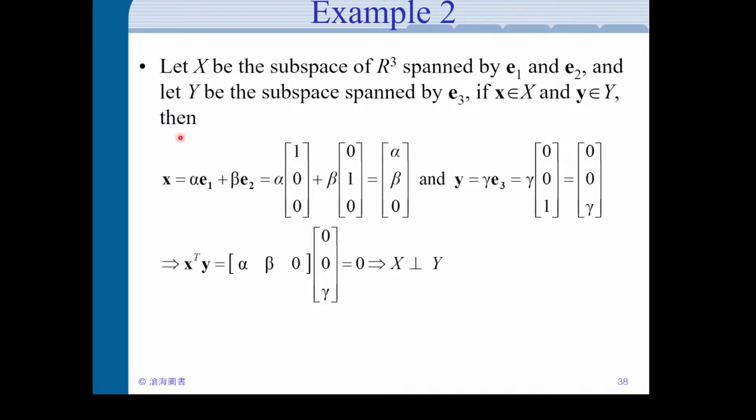Everything inside the X subspace can be written as alpha, beta, 0, just something in the xy plane, and everything on the z-axis can be written as 0, 0, gamma, and their inner product is always 0 for any alpha, beta, and gamma. So you see the xy plane and the z-axis are orthogonal to each other.